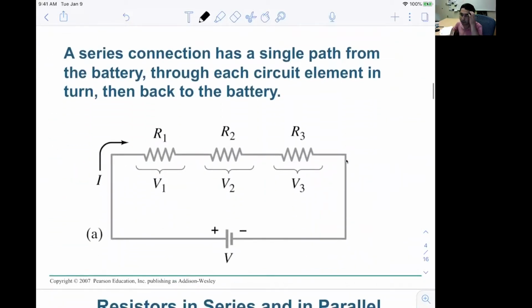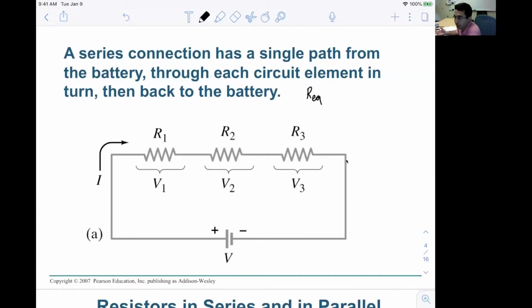So how do you find the equivalent resistance when you connect resistors in series? Let's say you try to represent R1, R2, and R3 by a single resistor, which we call R equivalent.